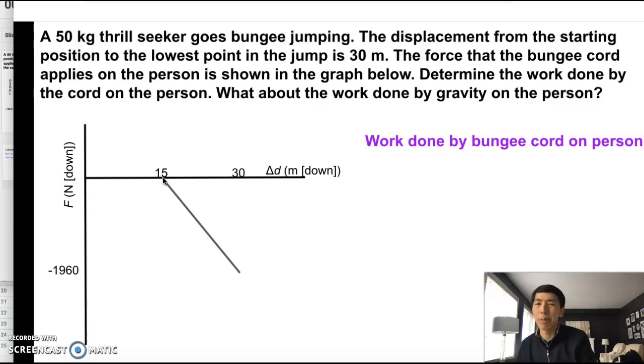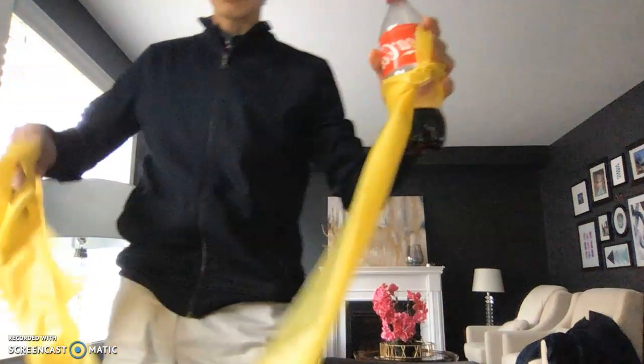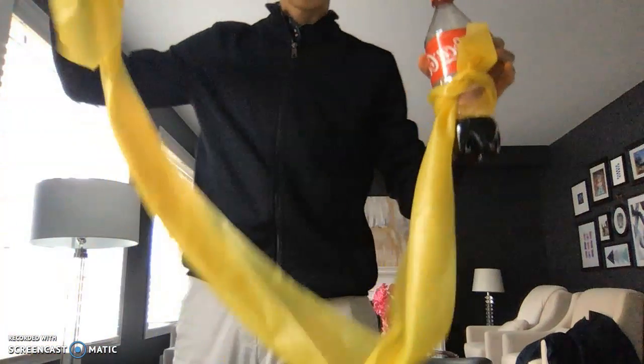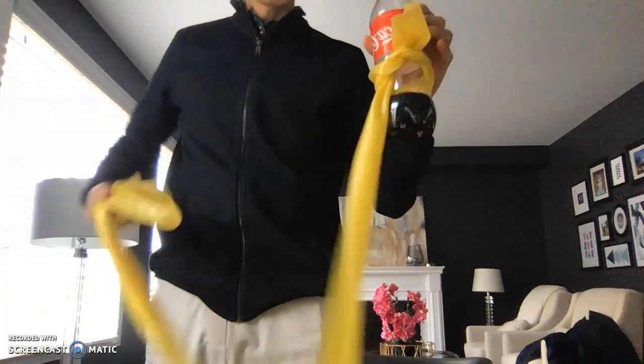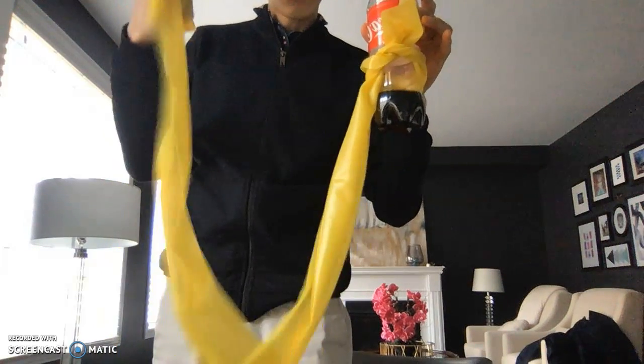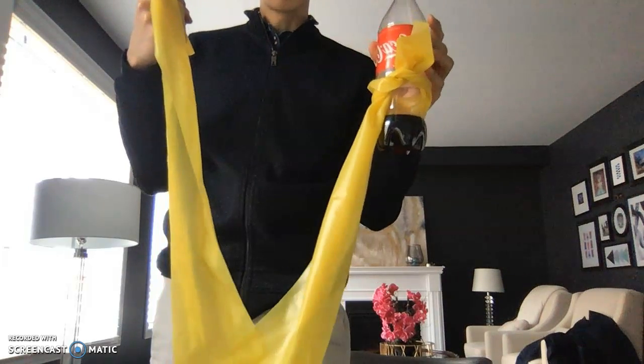Well, that's because for a bungee cord, I'll try to show you what happens. I've just got my exercise band here. That'll act like the bungee cord. My Coke bottle will act like the person. So at the beginning of a bungee jump, how much force is this cord applying on my Coke bottle right now? Pretty much zero.